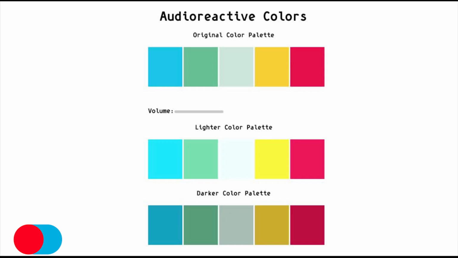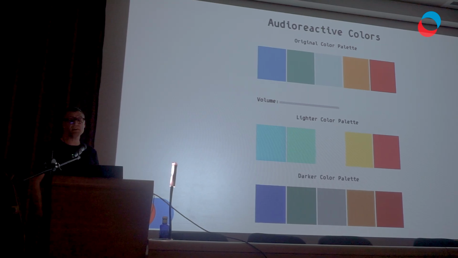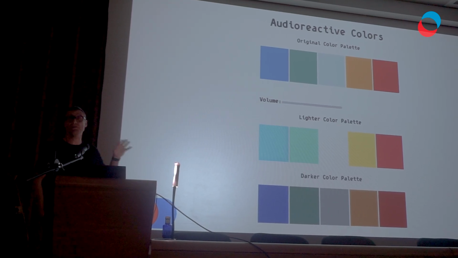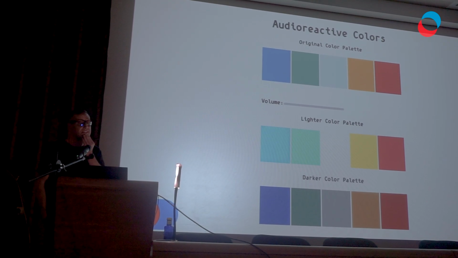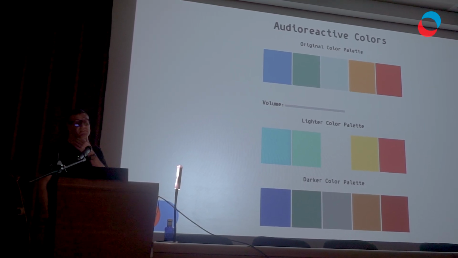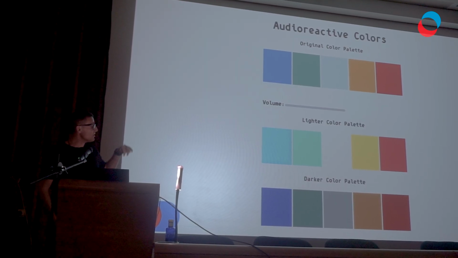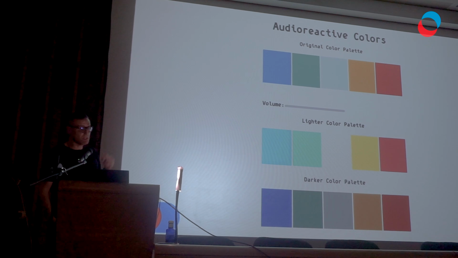And the sound is used here for changing the color a little bit. I wanted to use audio reactive colors, so I chose different color palettes, and the volume and the fast Fourier transform data is used to change to a lighter or a darker color using the original palette.